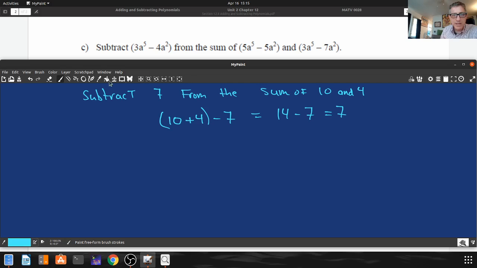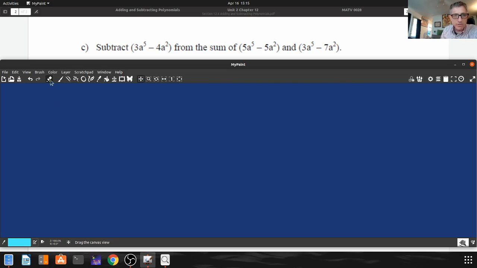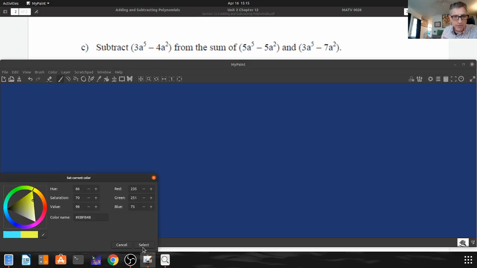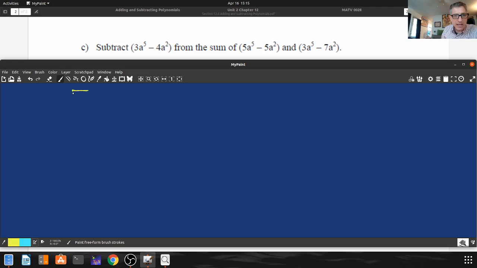So we're going to do the same exact principle here. Whenever you see something similar to this, you should make sure that you understand what to do. So what we're going to do, let me get back to my yellow, is I'm going to add together two polynomials. 5a to the 5th minus 5a, no, that's to the 2nd.